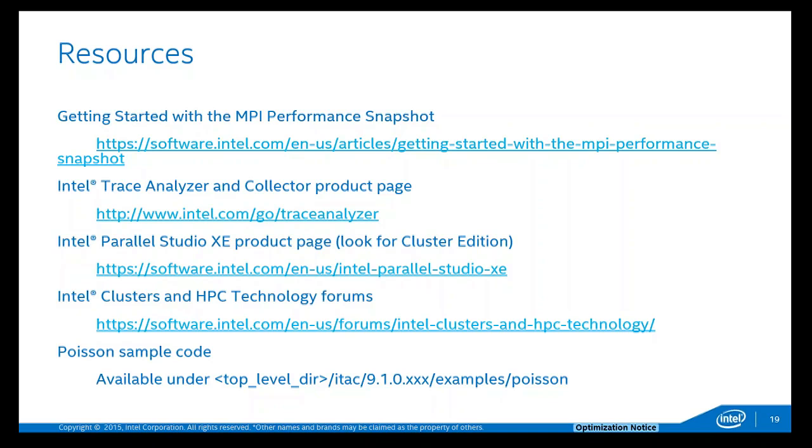If you're planning on running the MPI ranks on both of those, then you just need to make sure that the appropriate libraries and binaries are available on all machines. But otherwise, the latest version of Performance Snapshot does support Xeon Phi. So you'll also do Phi MPI profiling as well.